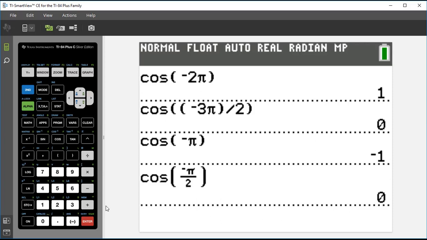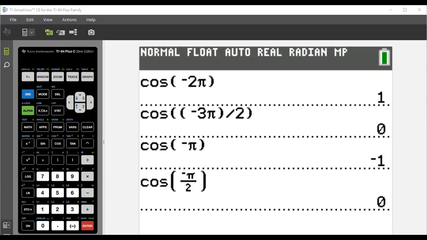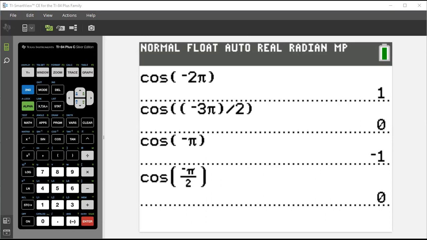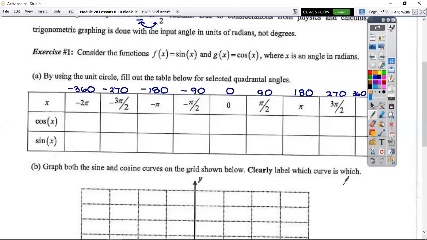1, 0, negative 1, 0. And now keep going. What do you notice about the cosine of 0?